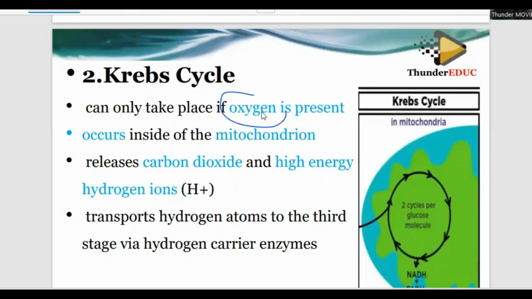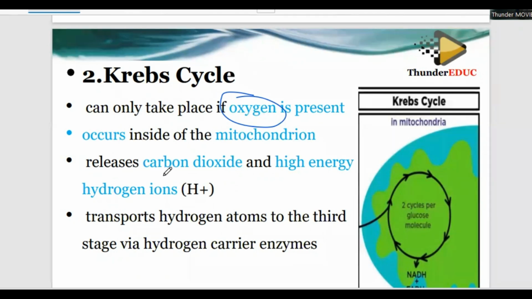Oxygen must be present. So the other stage releases less energy, but during these two phases, we produce a large amount of ATP. So over 30 ATPs are being produced, 36, yes. So here we are saying that this occurs inside the mitochondrion.